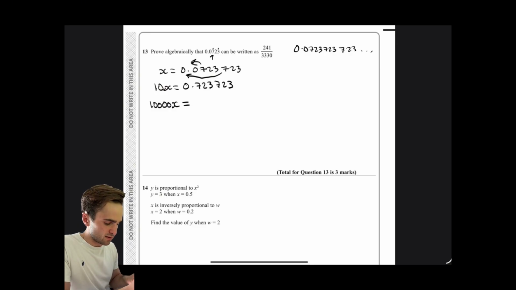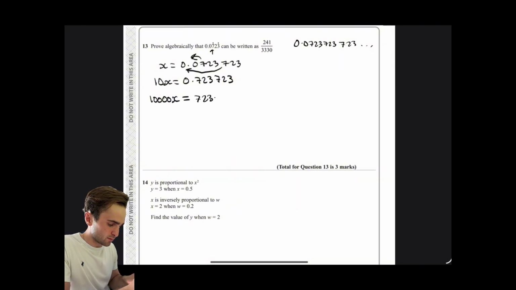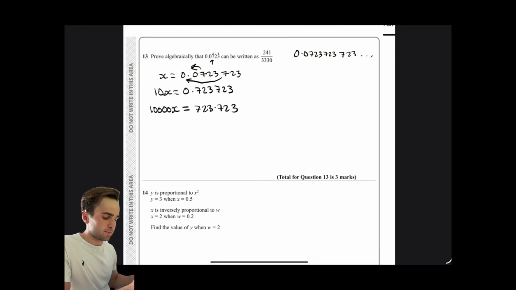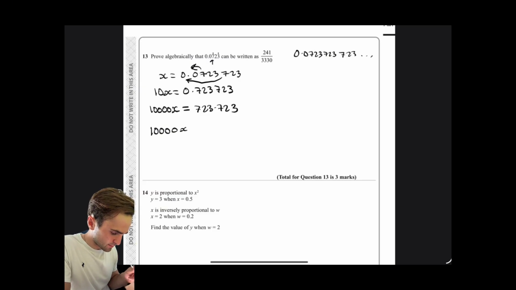So that is 723.723. So notice how the decimals line up now. So we're going to write 10,000x minus 10x equals 723.723 minus 0.723.